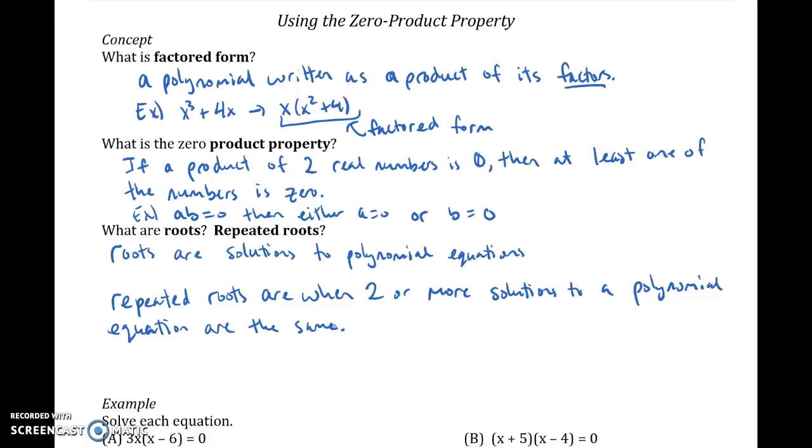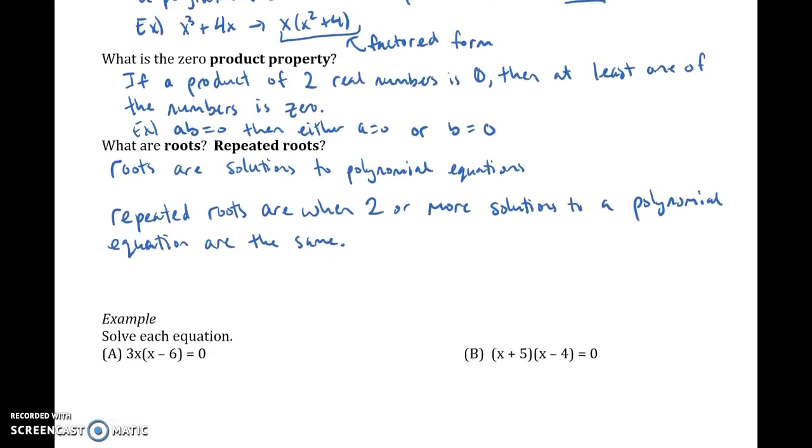Okay, so again, repeated roots are when two or more solutions to a polynomial equation are the same. All right? So we're going to go ahead and apply the zero product property to solve a few examples, and then we're going to look at some basic factoring today as well.